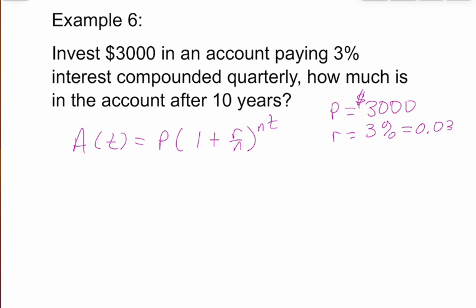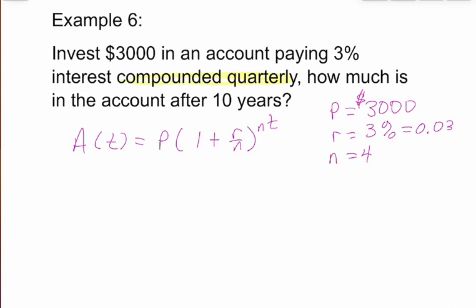These words, compounded quarterly: there are 4 quarters in a football game, there are 4 quarters in $1. So anytime you see quarterly, that should bring up in your brain the number 4. The N is how many times per year they are going to calculate the interest, and that would be 4.